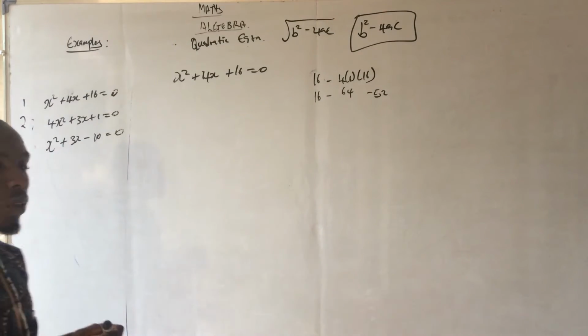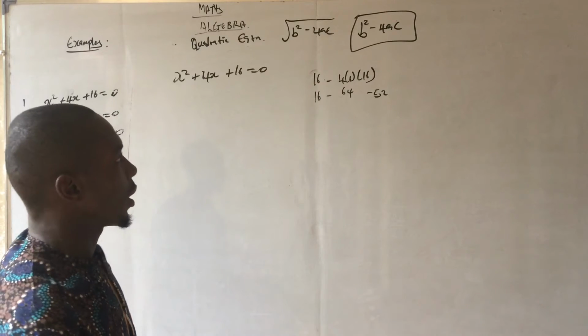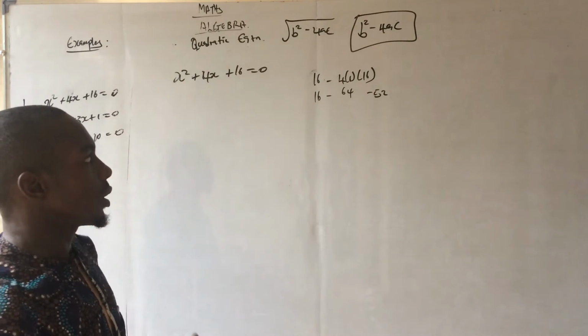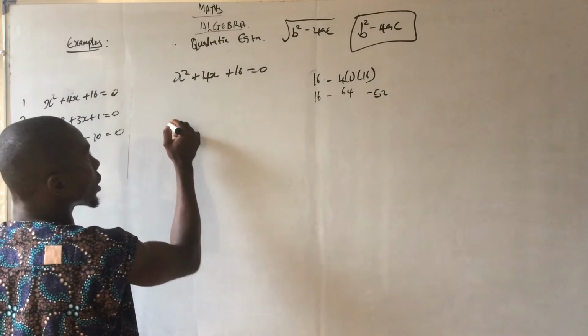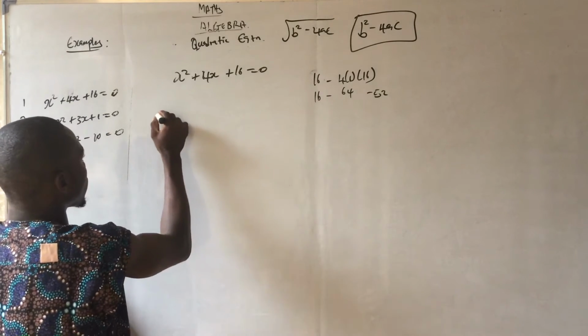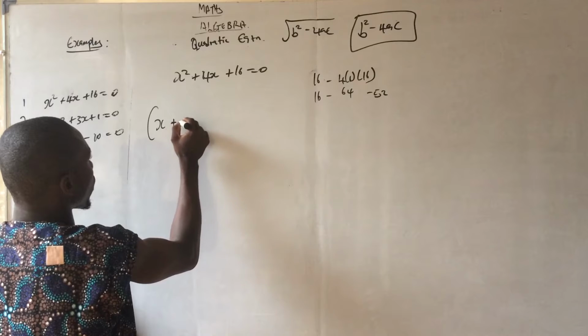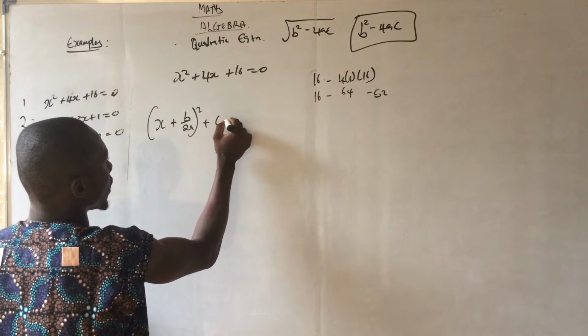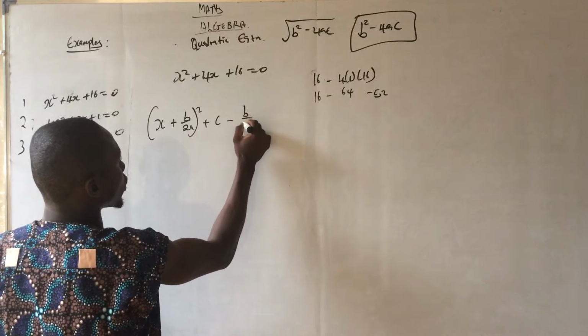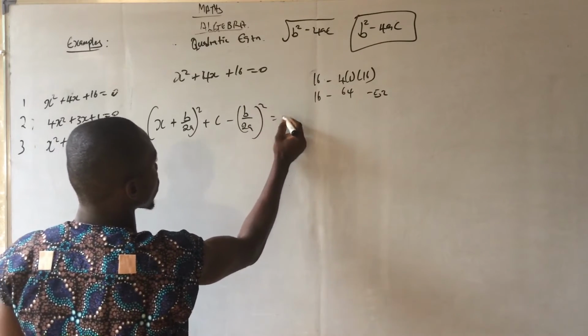So, without wasting much of our time, we can actually solve this. Let's try to solve it using the completing the square method, which is x plus b over 2a raised to the power 2 plus c minus b over 2a raised to the power 2 equal to 0.